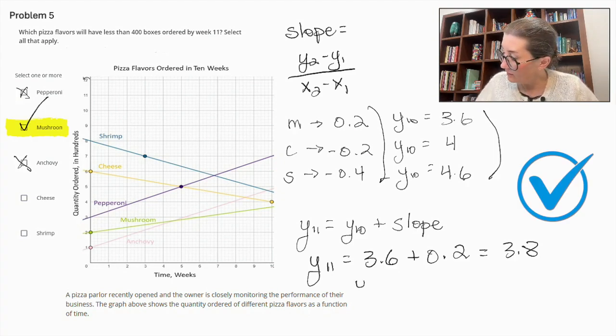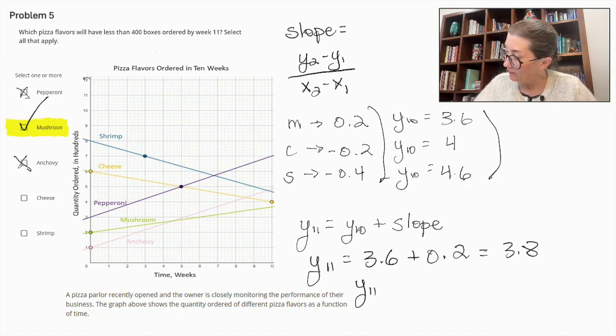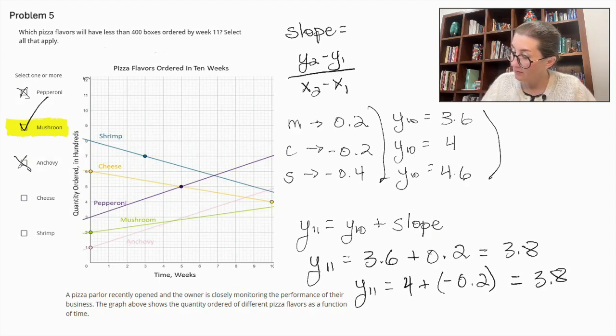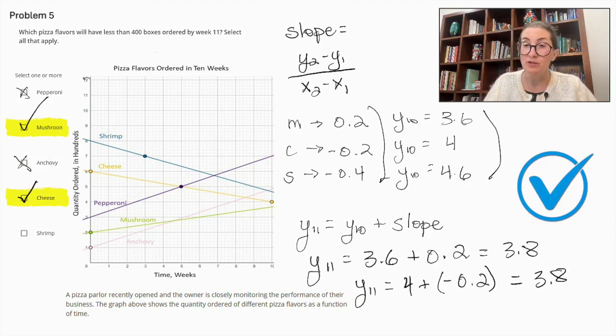Next, for cheese. Our week 10 value is 4, and we're adding negative 0.2, and that is also equal to 3.8. So it will be under 400 as well.